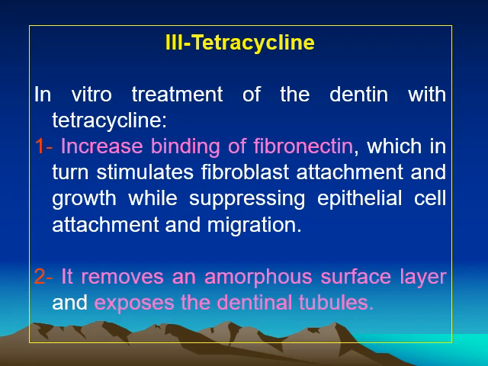Number 3, tetracycline is also used as a wound conditioning material. In vitro treatment of dentin with tetracycline increases binding of fibronectin, which in turn stimulates fibroblast attachment and growth while suppressing epithelial cell attachment and migration. It also removes an amorphous surface layer and exposes tubules.